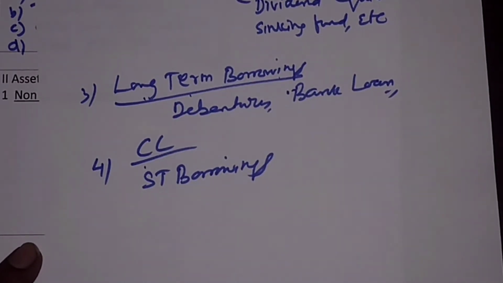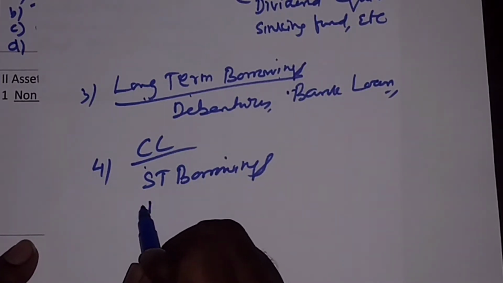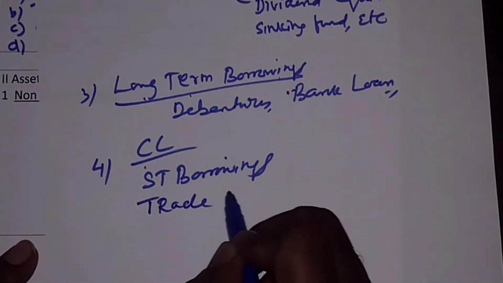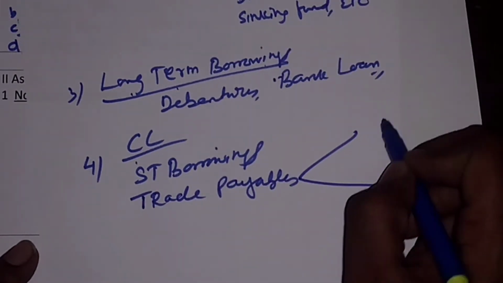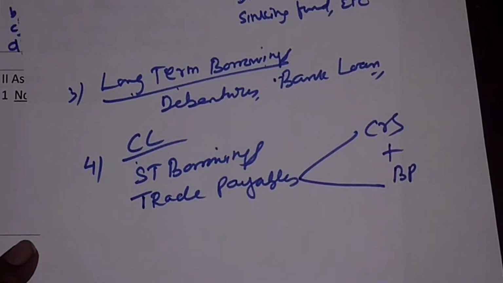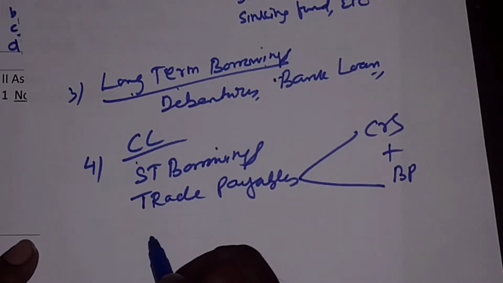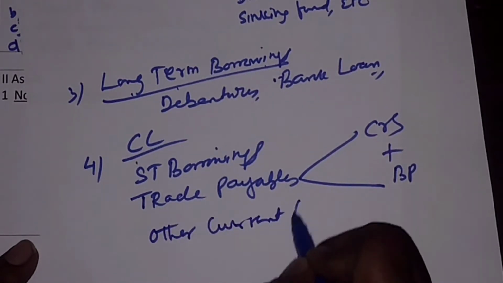Short-term borrowings is over. After short-term borrowings, the next one is trade payables. This trade payables includes creditors plus bills payable. Next, after trade payables, other current liabilities.